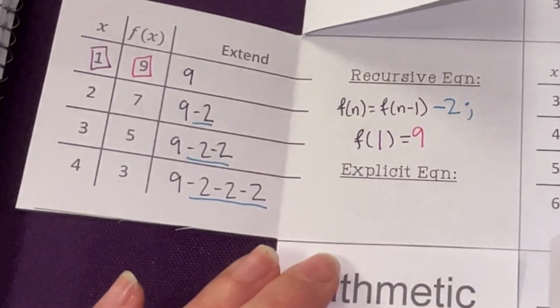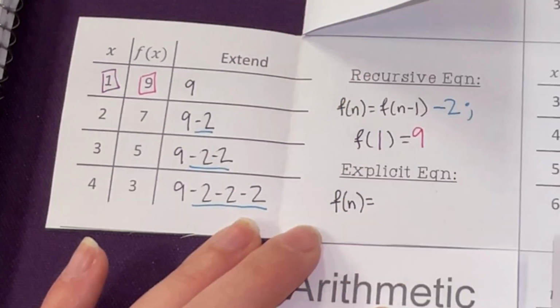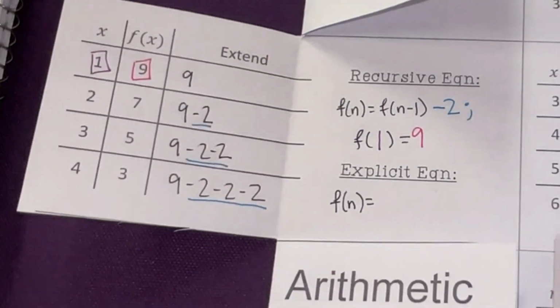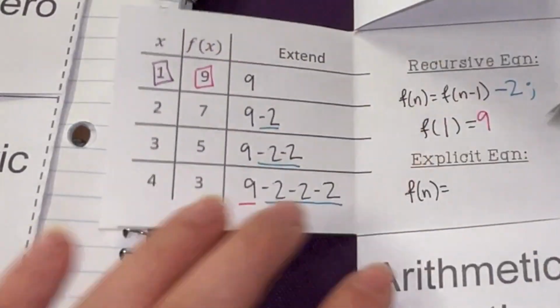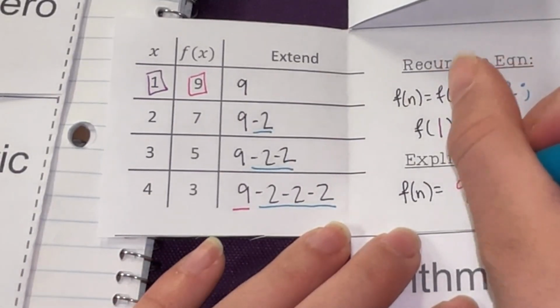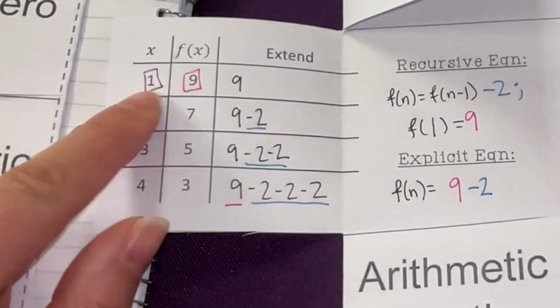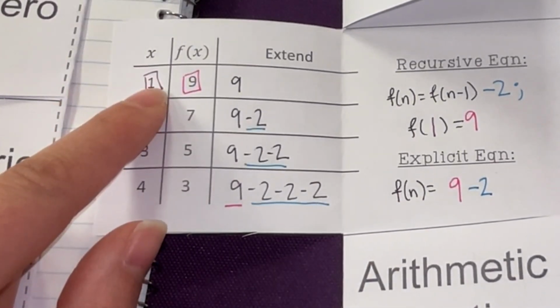And then the explicit, right? The explicit is always going to start as f of n equals. And then we write it out the same way. We started with that 9. We are subtracting by 2 as we go down the table. But we didn't start at time 0. We started at time 1.